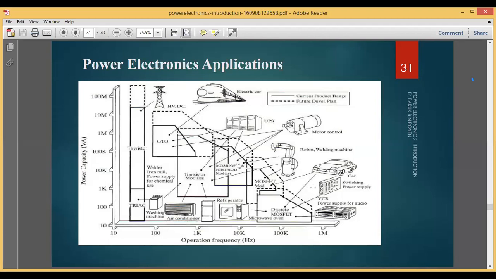If you study in detail how these power electronic devices work, what the power rating is, what the frequency rating is, what the power factor is, and what the basic things required for the design of such a system are, so that it will work effectively, then you can become a very good power electronic engineer. So please concentrate more on the topics mentioned in the field of power electronics applications.